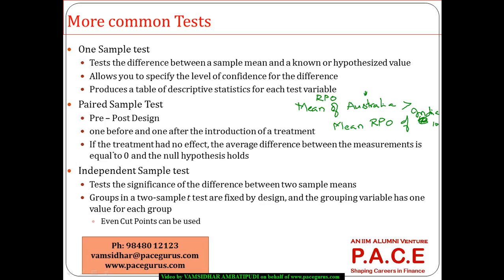So that is the main job of independent sample. I am having two different samples, and I am trying to test if the difference between the two sample means is statistically significant or not.